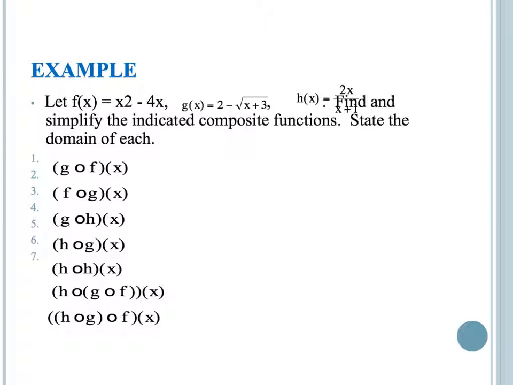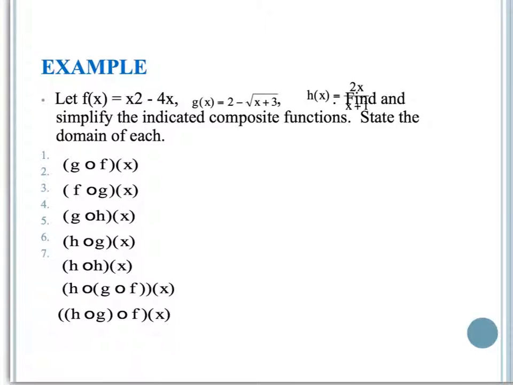If we look at our first function, we need to start with the f of x. That's the inside function. So f of x is going, we're replacing every letter x in the g function. So it's like g and then x squared minus 4x is getting plugged in every place that there's an x in my original g function.